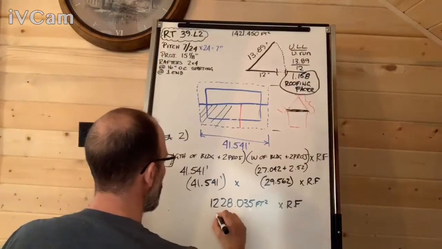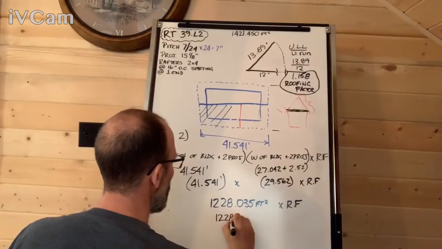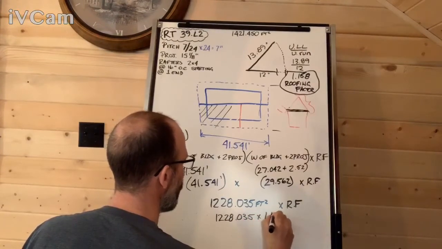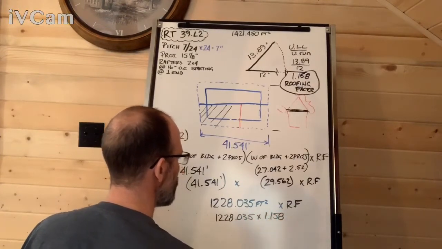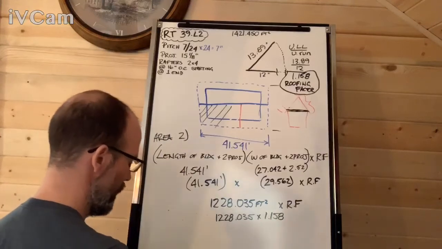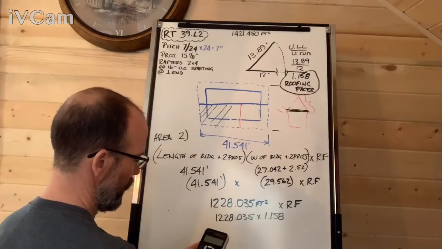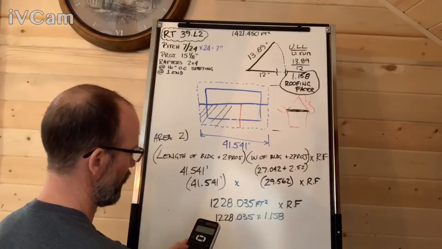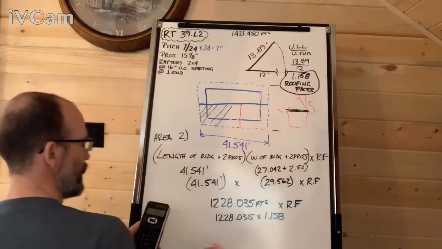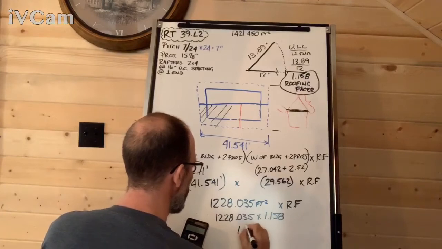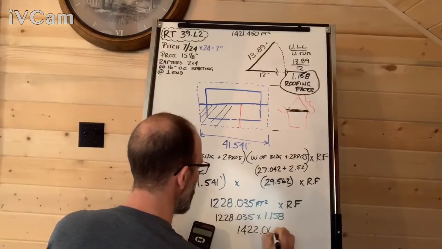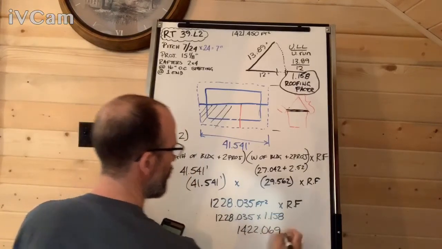So I will take 1228.035 and multiply it by 1.158. That gives me 1,422.069 square feet.